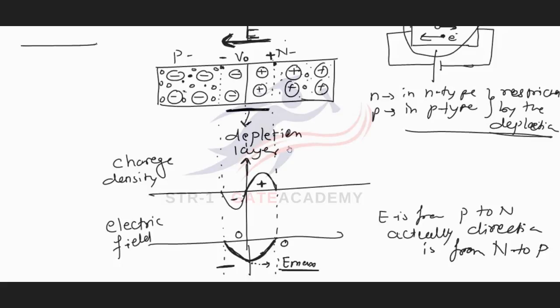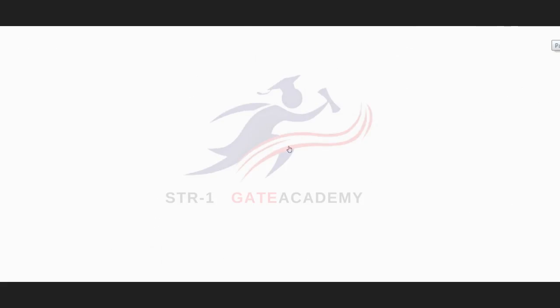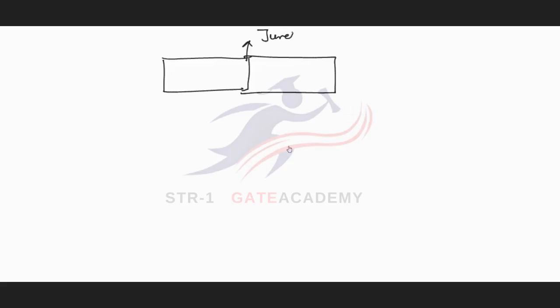First, we join a p-type semiconductor with an n-type semiconductor. A junction is formed between them. On p side, majority charge carriers are holes, and on n side, majority charge carriers are electrons.